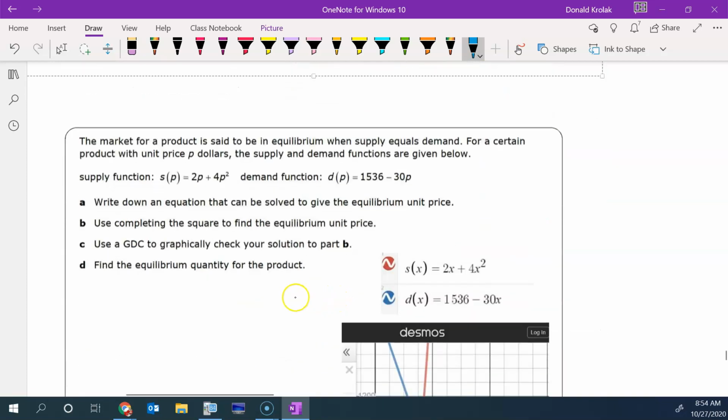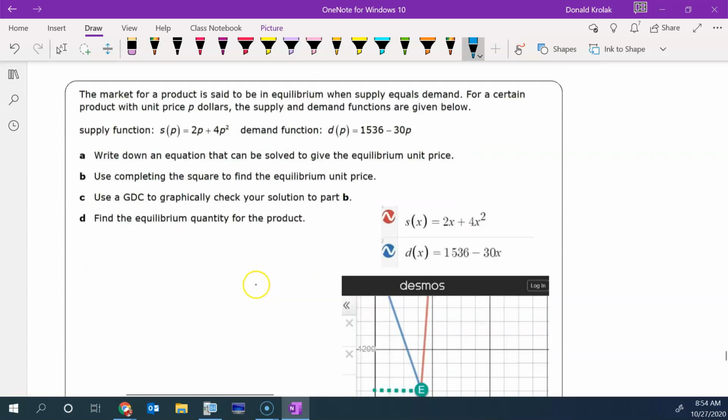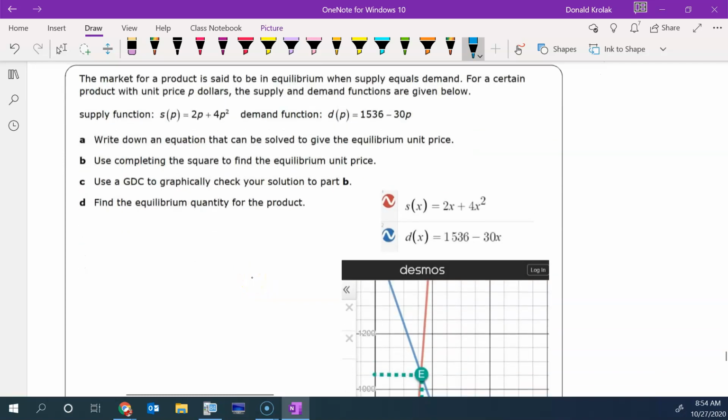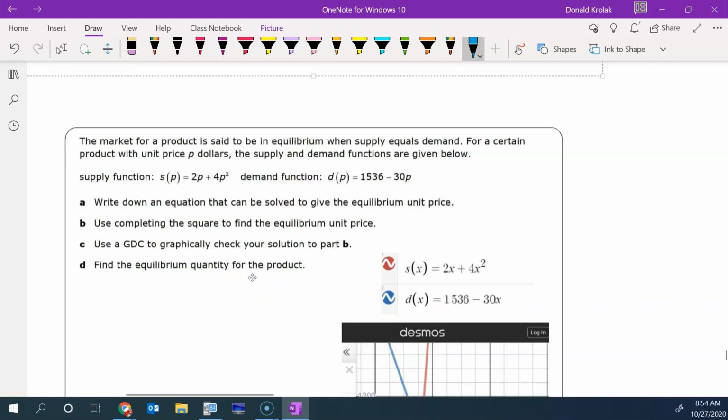Okay, but the problem that you're going to see in your math book, they've got it backwards. All right, so it says, in this case, the market for a product is said to be in equilibrium when supply equals demand for a certain product with a unit price P. The supply and demand functions are given below. Write down an equation that can be solved to find the equilibrium price.